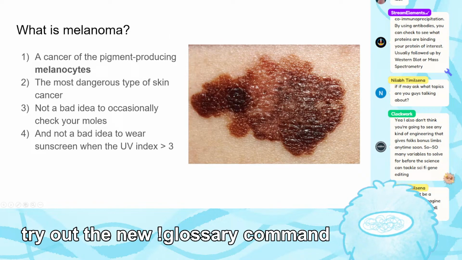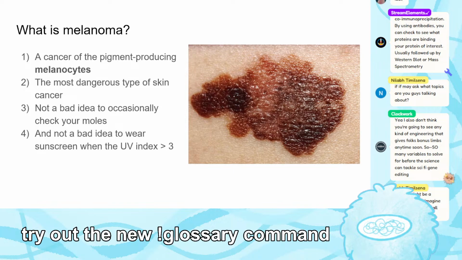Okay, so what is melanoma, right? So we're talking about the prion protein, and we're talking about its role in skin cancer. And this is the particular type of skin cancer that we are talking about, the melanoma. This is a cancer of the pigment producing melanocytes. This is the most dangerous type of skin cancer, and because it's so dangerous, it's not a bad idea to occasionally check your moles, right?